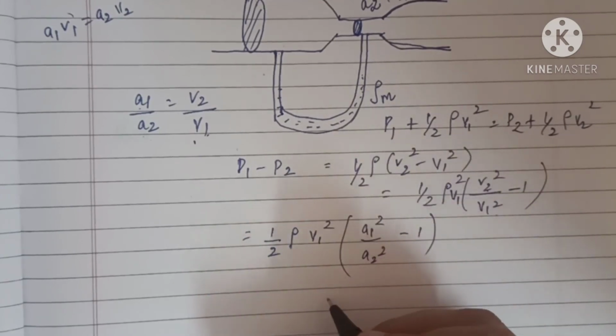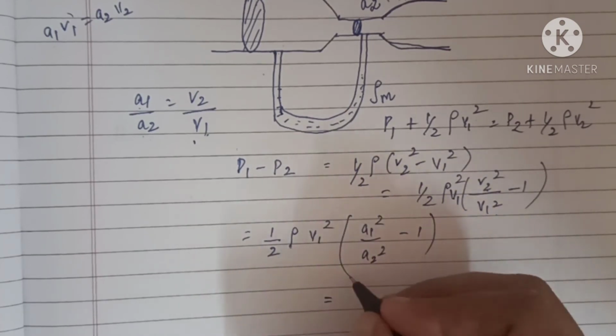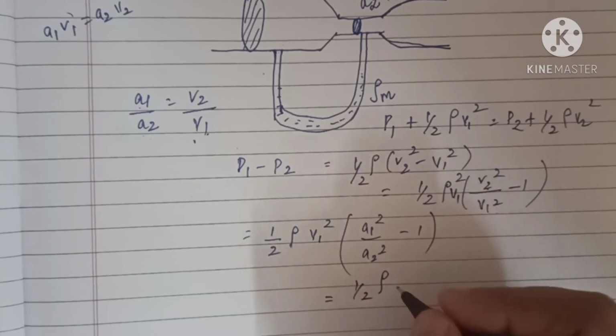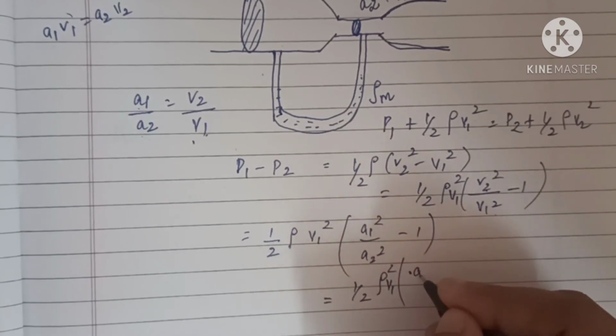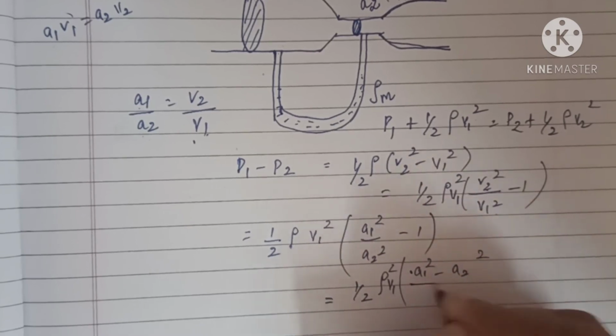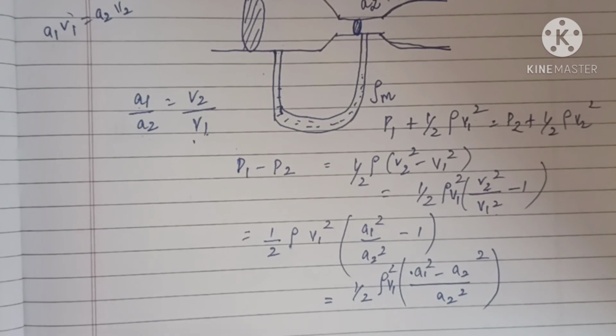Now I can write half into rho V1 square into A1 square minus A2 square by A2 square. Clear? Half into rho V1 square into A1 square minus A2 square by A2 square. Okay.